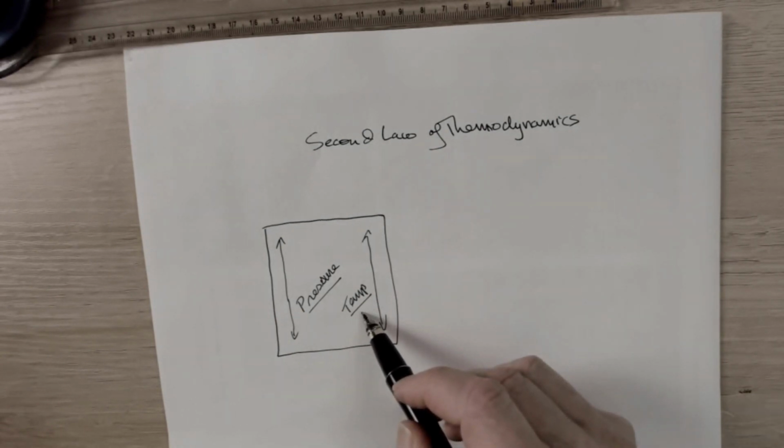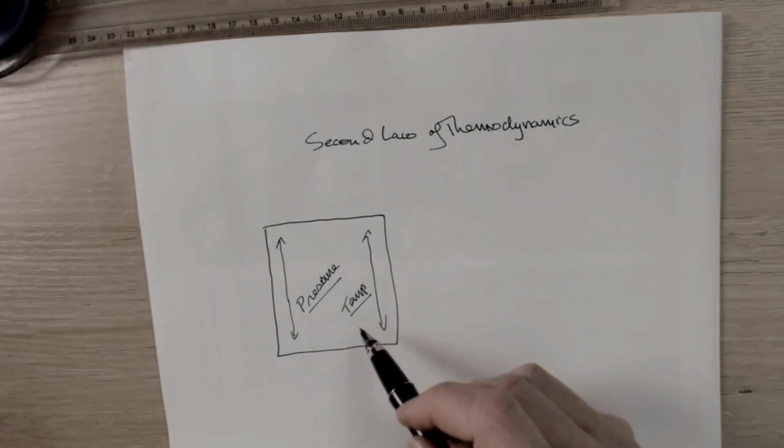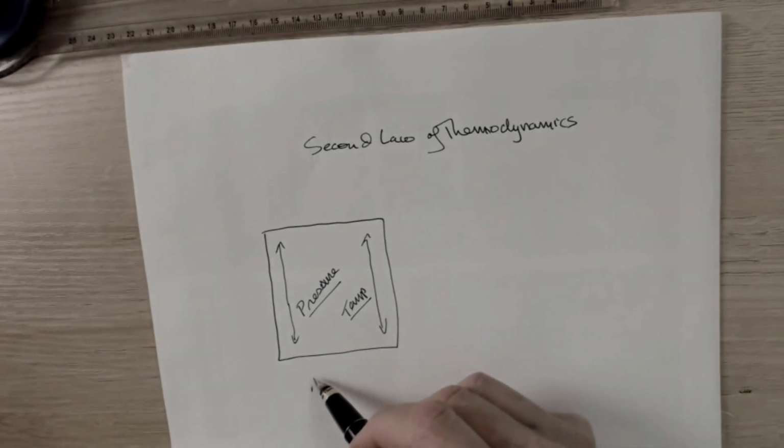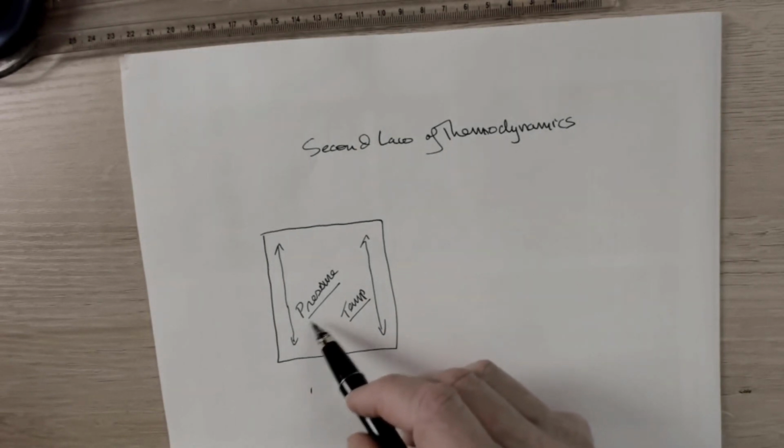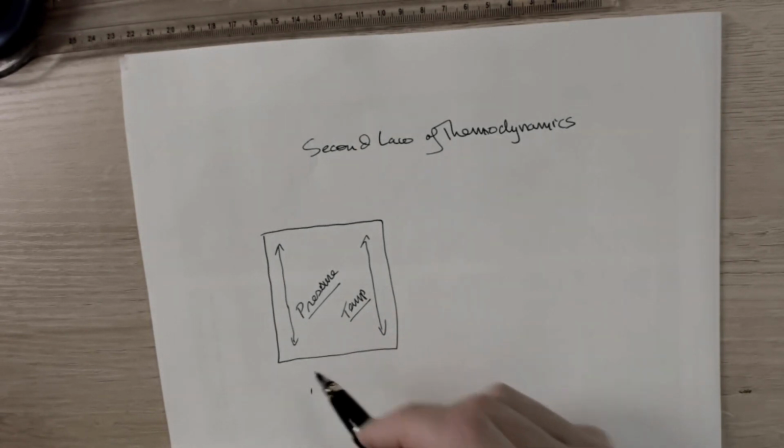Well, we have nothing going into this system that will increase the temperature, and we have no forces acting on this container to change the pressure or create a pressure gradient.